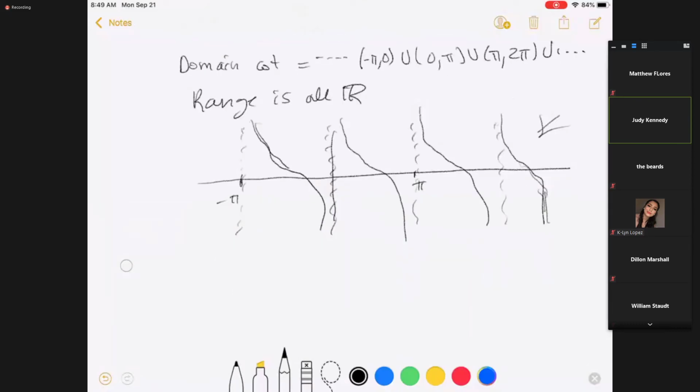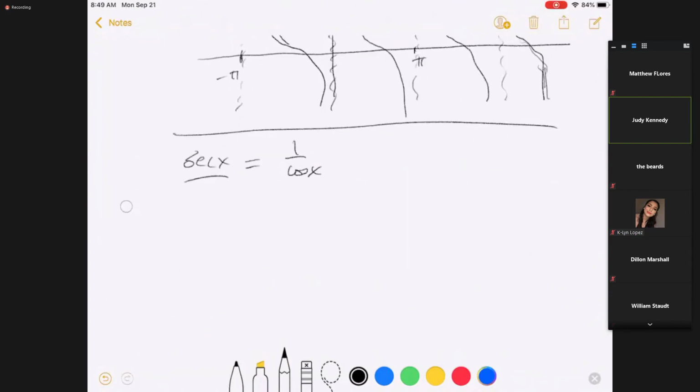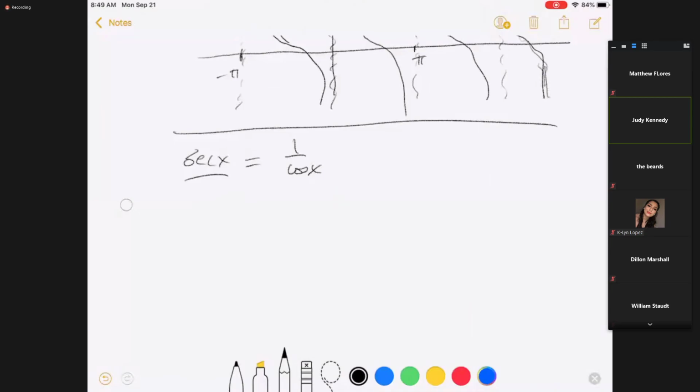The secant, okay, that's 1 over the cosine. So it's going to have a lot of vertical asymptotes anywhere that the cosine is 0, which means at odd multiples of pi over 2. So let's see, its domain, well, same as the domain of the tangent.